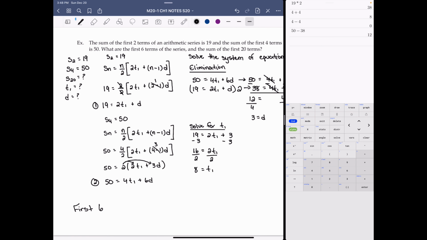The first 6 terms of the series would be t1, we just said, is 8, and d is 3, so 8 plus 3 would be 11. 11 plus 3 would be 14. 14 plus 3 is 17. 17 plus 3 is 20. That's 1, 2, 3, 4, 5 terms. 20 plus 3 is 23. So those are the first 6 terms in the series.